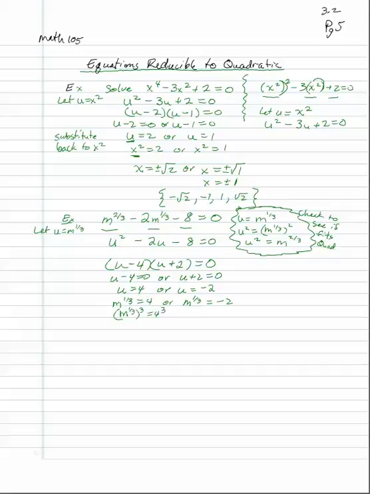Because we want m to the first, we want just m. So you cube both sides, you get m equals 64. Cube both sides, and you get m equals negative 8. So 64 or negative 8.